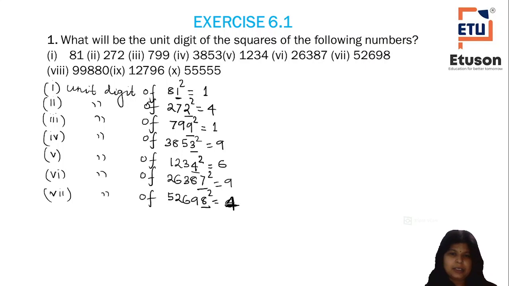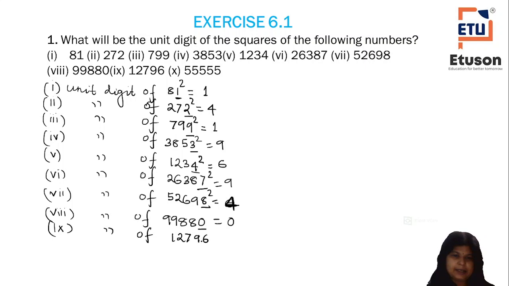Okay, then you have 99,880. So you have 0 here. So at its units place you will get 0. Then you have 12,796. So at its units place you have 6. So you will get 6 over here.